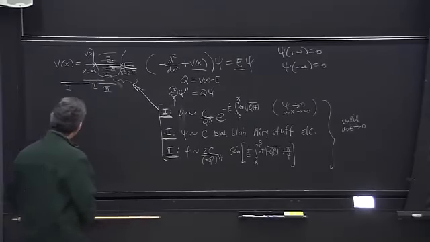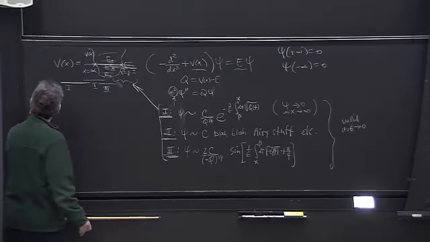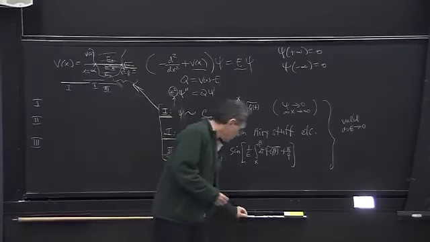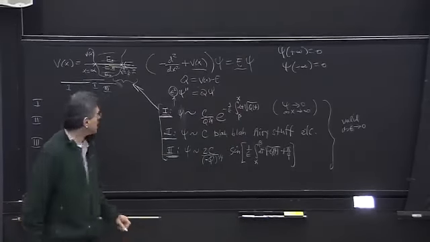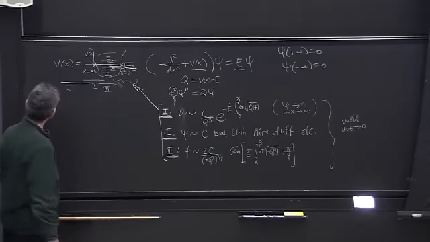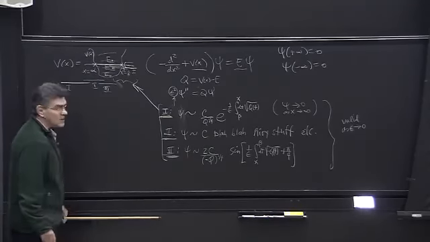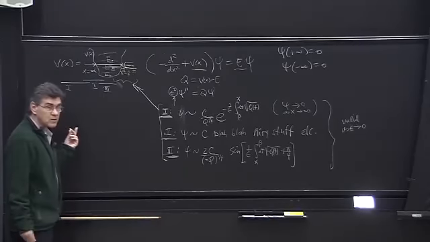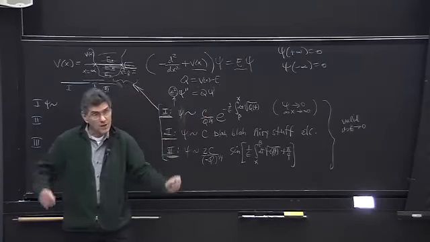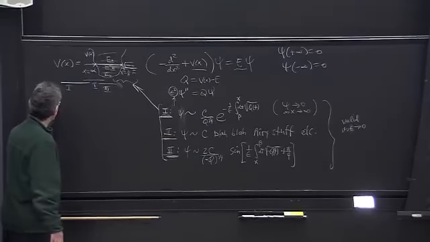Okay? So what does it look like in region 1, region 2, and region 3? Well, in region 1, the solution, I always want to integrate in the positive direction, so psi is going to be proportional to some constant. Now, it's not this constant. It's just some constant. Okay? D, we'll call it.